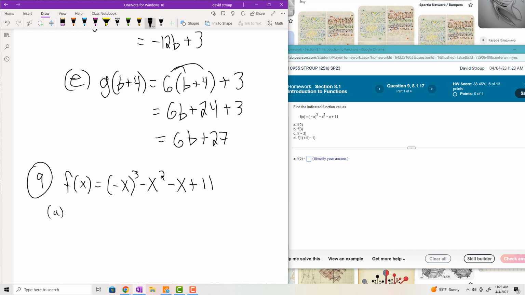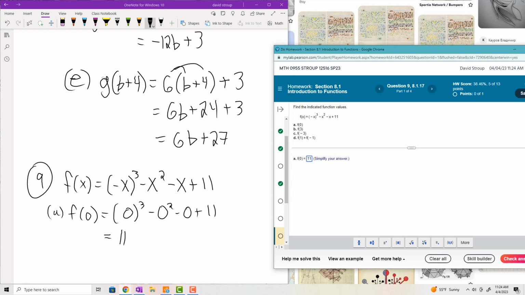So part A, I want to substitute in 0 for x. So I'll have negative 0. Negative 0 is just 0 cubed minus 0 squared minus 0 plus 11. So those first 3 terms are just going to be 0. And then it's going to be 0 plus 11, which is 11.